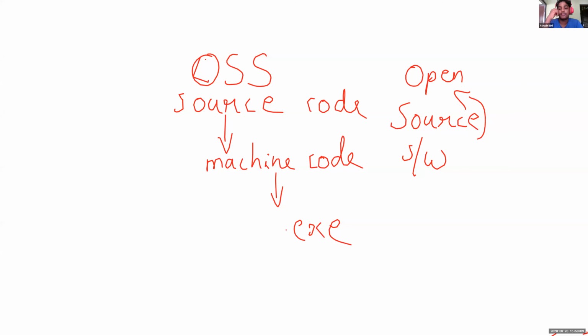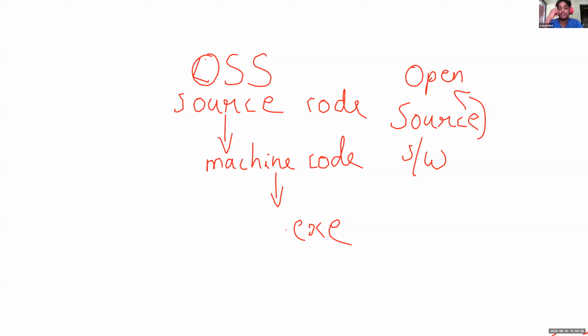So it is open. Then what is the difference between a free software and open source software? Source code is open in both the cases. But open source software may or may not be free. Source code is open for the users to see it, but it may or may not be free of cost.